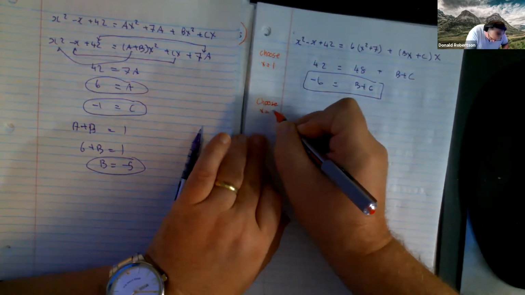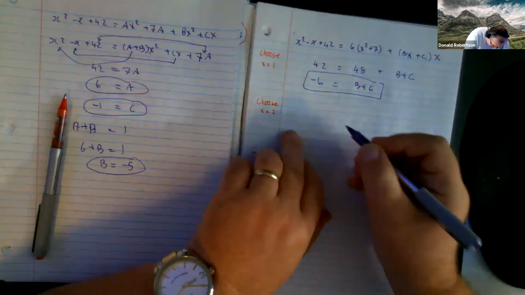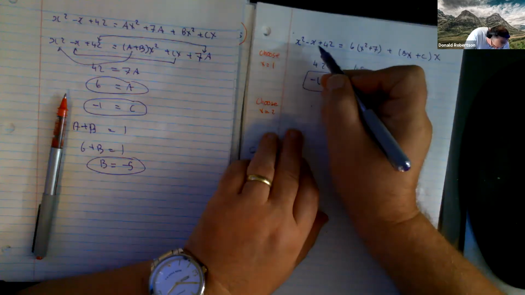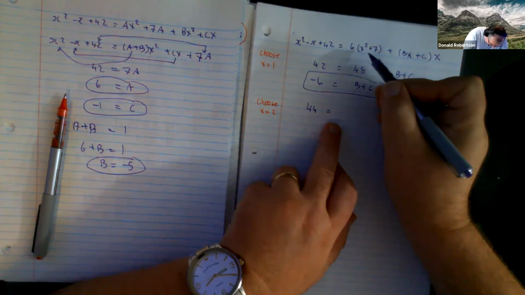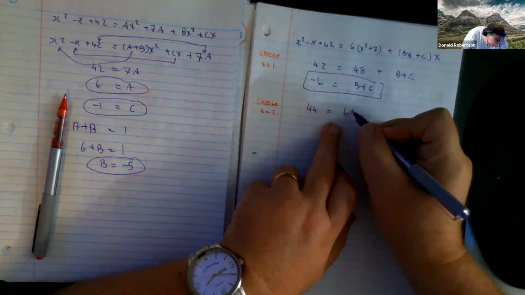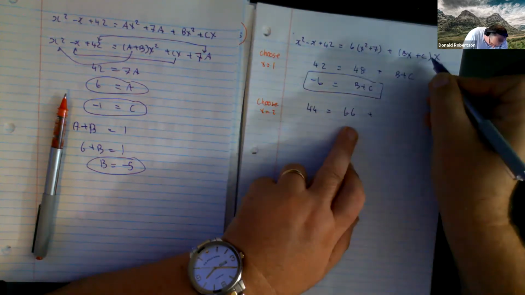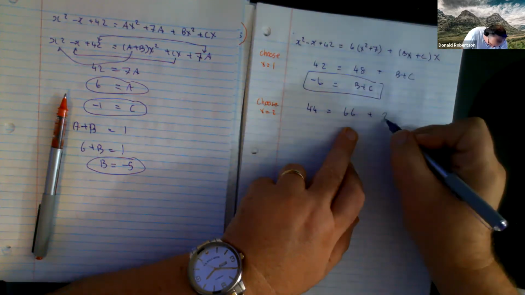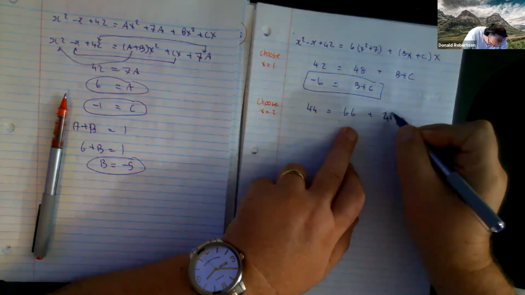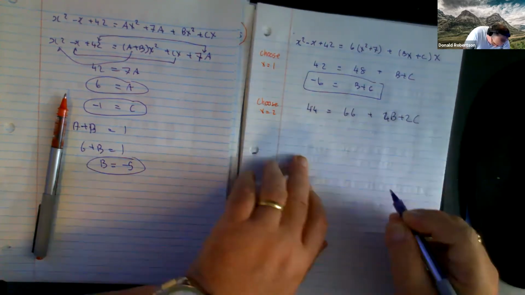So I'm going to choose 2. And 4, take away 2, I get 44. And 2 is 11, so that's 66. And I get 2 lots of 2b plus c. 2 lots of 2b plus c gets me that.